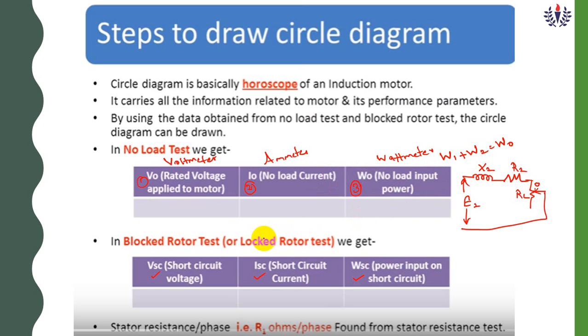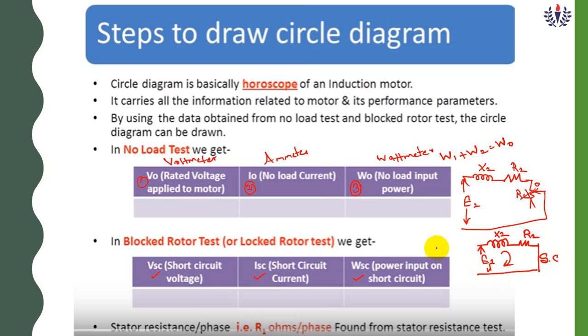In the locked rotor test, we should not apply the load, so the circuit will be like this: X2, R2, and the load is locked, so it will be short circuit. We take one wire and short it, so automatically the current flows here only.